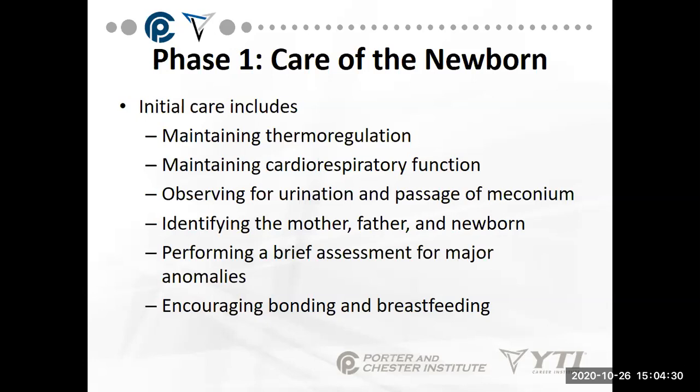Okay. And just keep in mind cold stress. Cold stress is hypothermia, and the increased metabolic rate required to generate body heat causes increased respiratory rate and oxygen consumption.